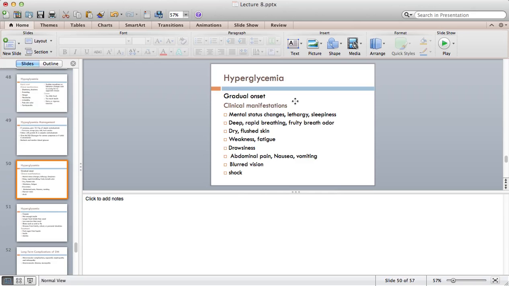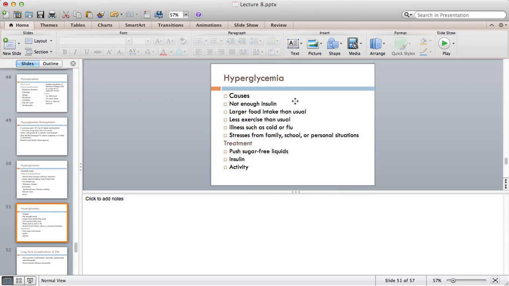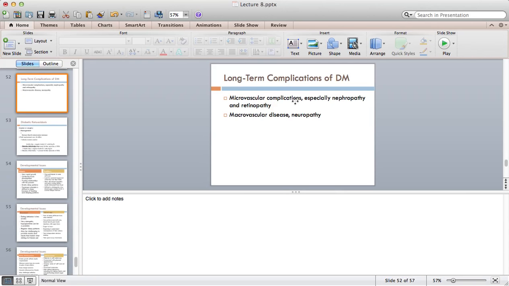Okay, this will be a hyper, and this is where we see most of our pediatric patients. That's when they come to the ER for us. Okay, and these are the complications. So now, another thing, the diabetic ketoacidosis, of course, is a life-threatening condition.